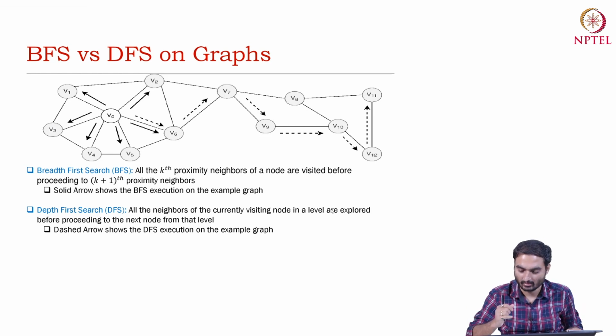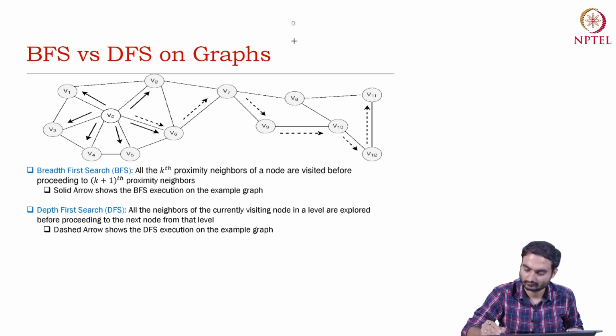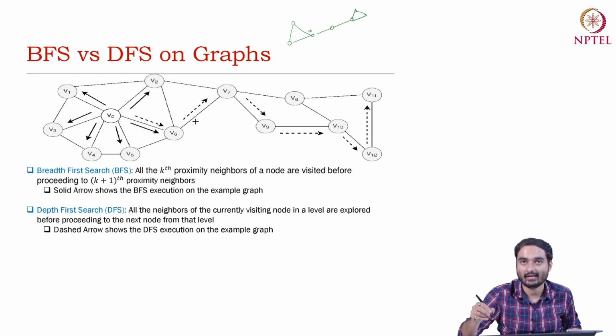For example, say you have this structure, this is U. If you only do a random walk, it may happen that you will not encounter this node at all, or this node at all.